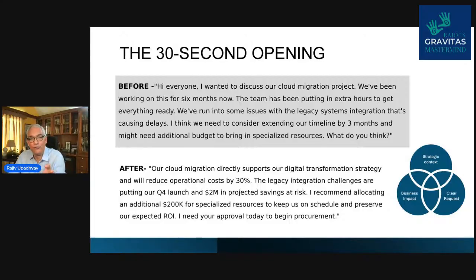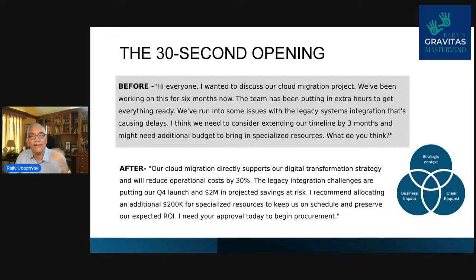If you were to re-articulate it, it can be something like, "Our cloud migration directly supports our digital transformation strategy." So, setting the context: why is it important for us? Because it supports our digital transformation strategy, which is an organization-wide initiative, and it will reduce our operational cost by 30%.